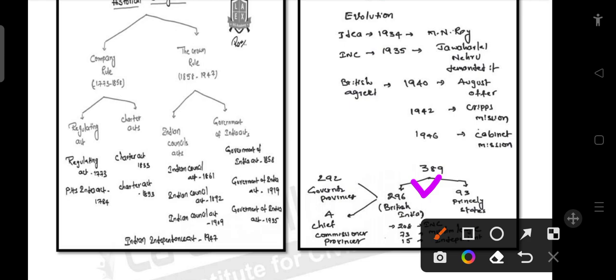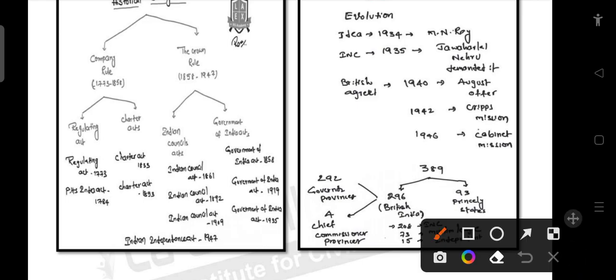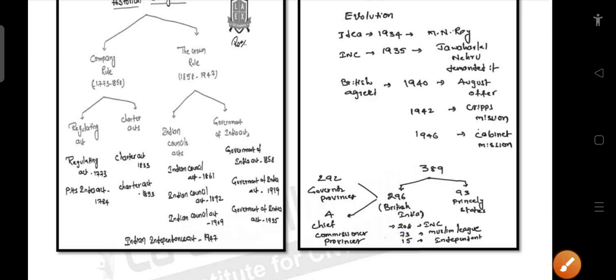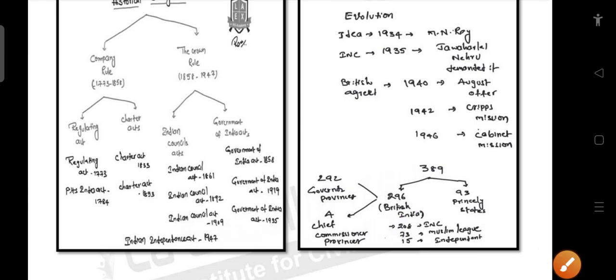They were represented in the Constituent Assembly, among which 292 seats were for Governor Provinces and 4 for Chief Commissioner Provinces. 208 seats were won by the INC, 73 by the Muslim League, and 15 were from independent parties.